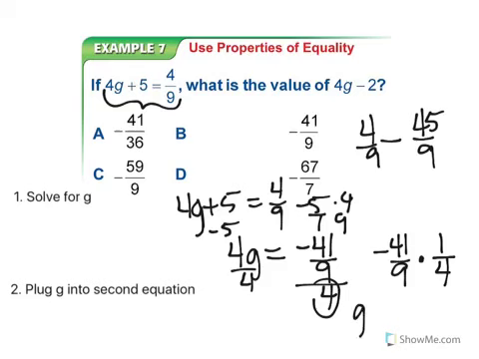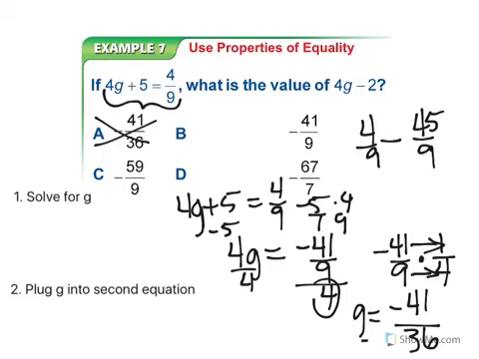Okay, so we have g is equal to negative 41 times 1 over 9 times 4, which is 36. Okay, notice that is actually A in our answer choice. However, that's just what g is equal to. So that's not going to be our answer.